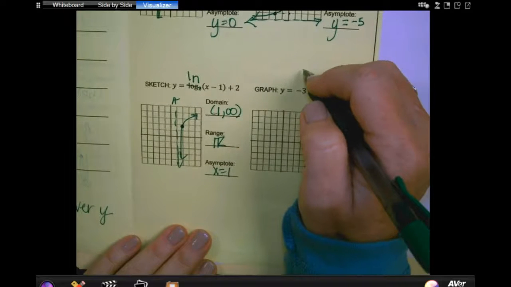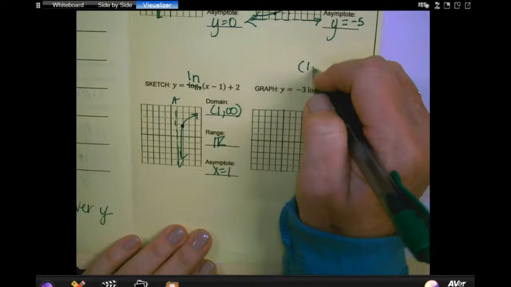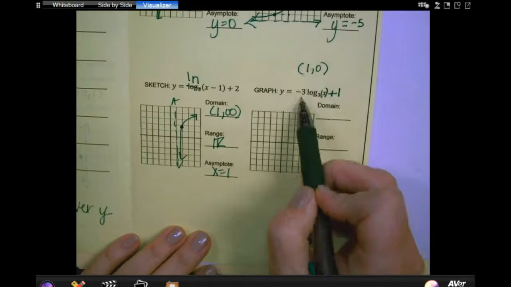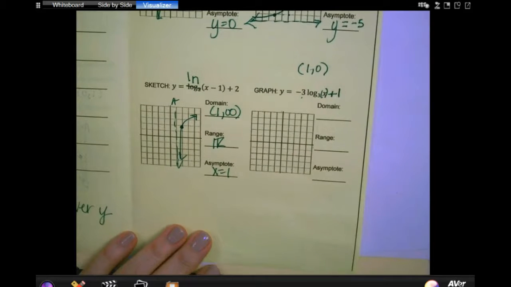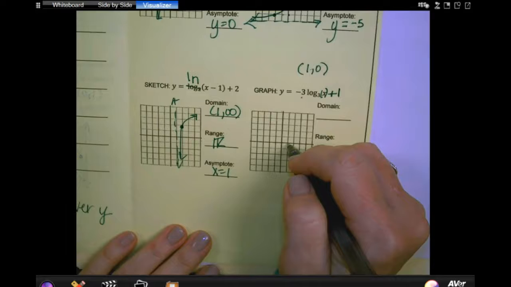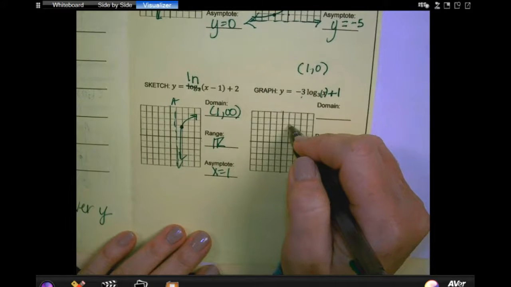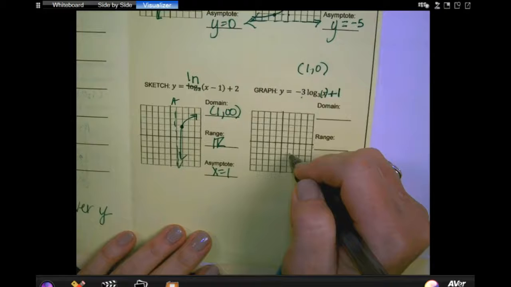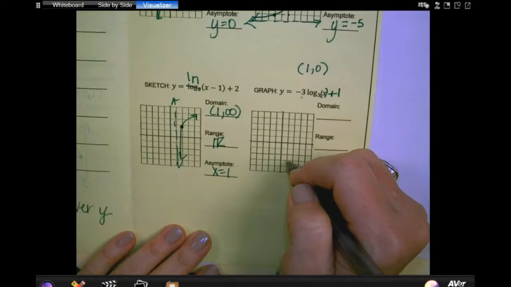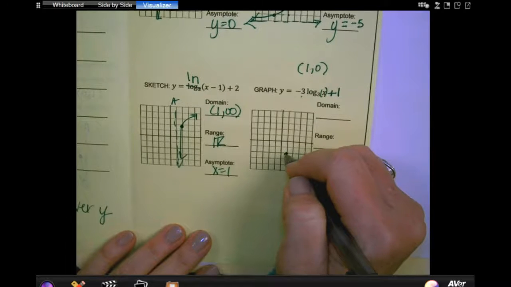So what's the point that I'm going to start with? 1, 0. So I'm going to multiply my 1 times -3. And then which way do I shift? -3 is down. 1, 2, 3. And then up 1, right? So it's -2.